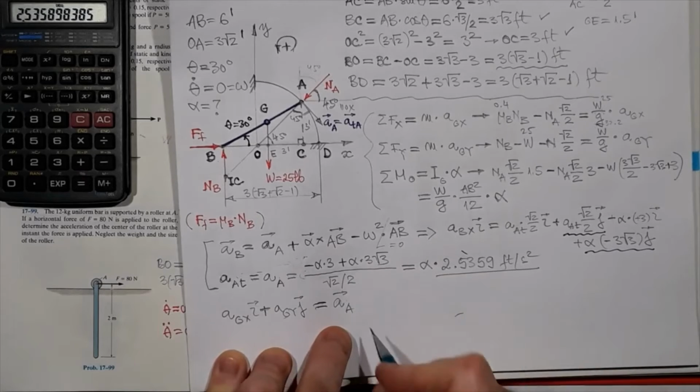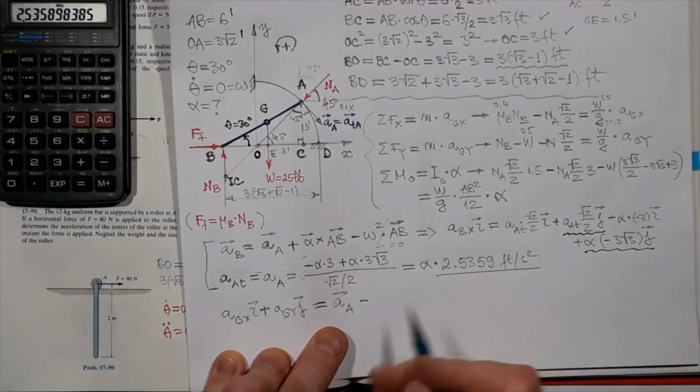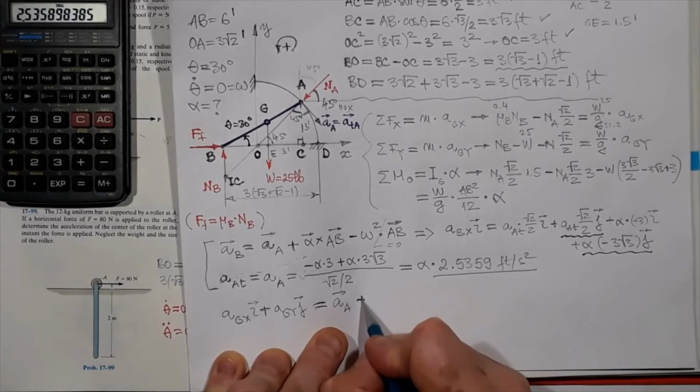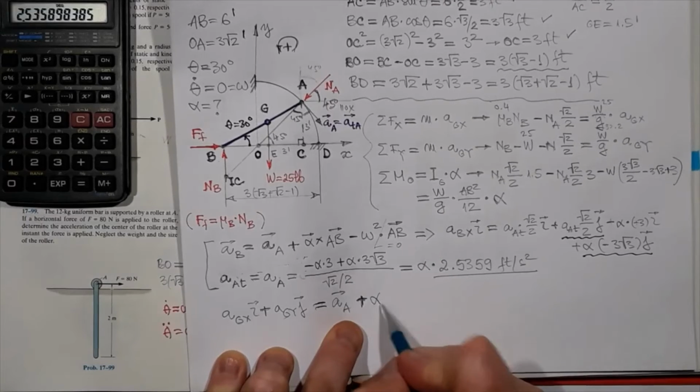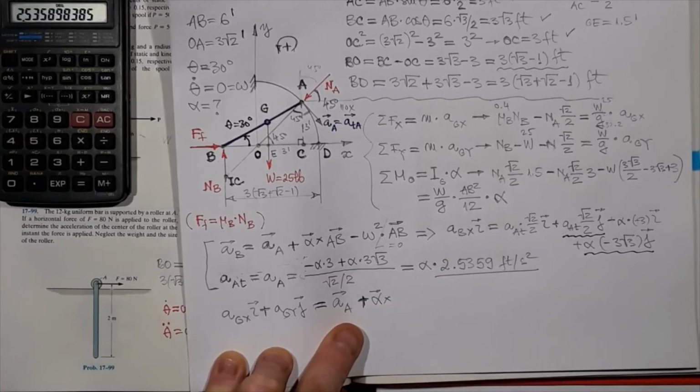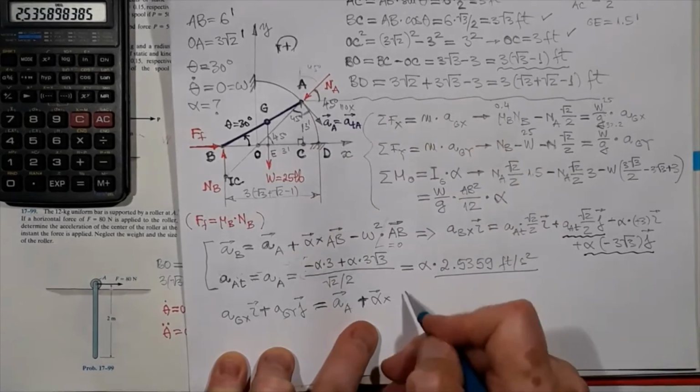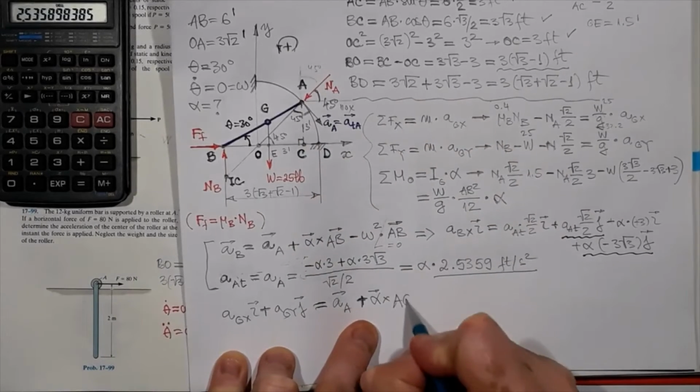And then I have plus alpha crossed with the position of G with respect to A, vector AG.